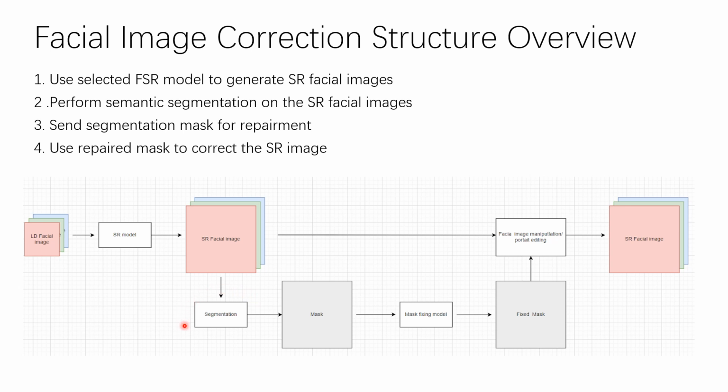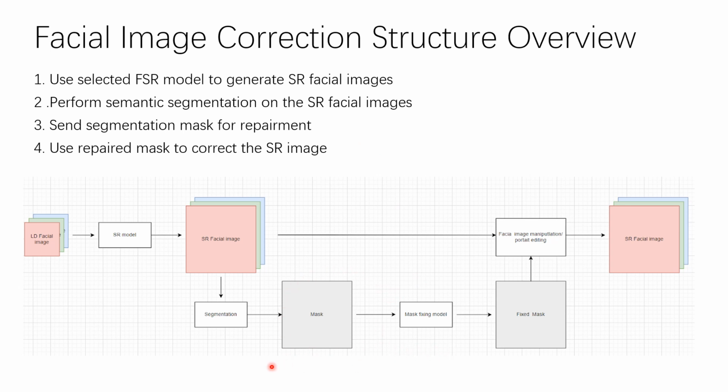And the segmentation basically tells the computer which part is your nose, which part is your eyes, which part is your lips, and which part is your ears, and so on. And then we can have a mask for each facial component and tell the computer how the face actually looks like. And then we send the segmentation mask for repair.